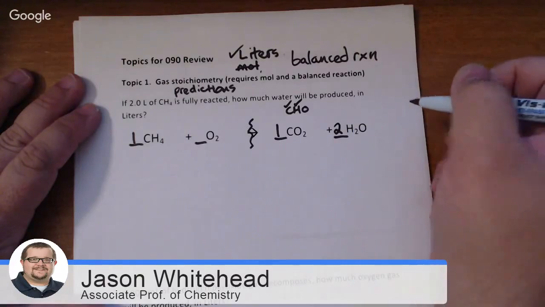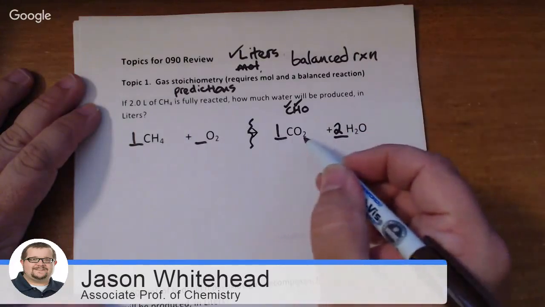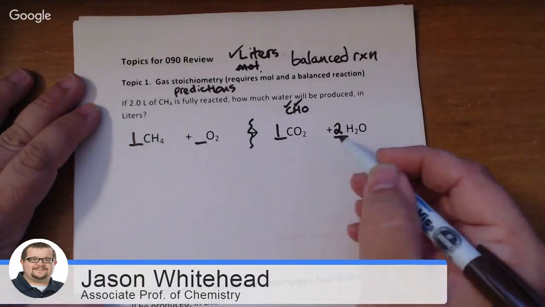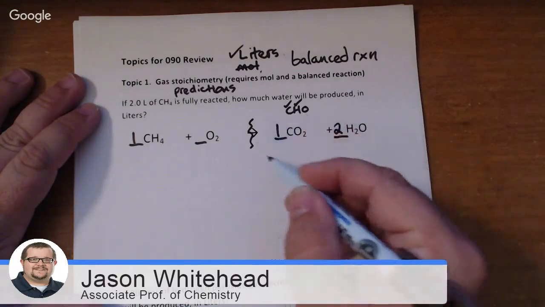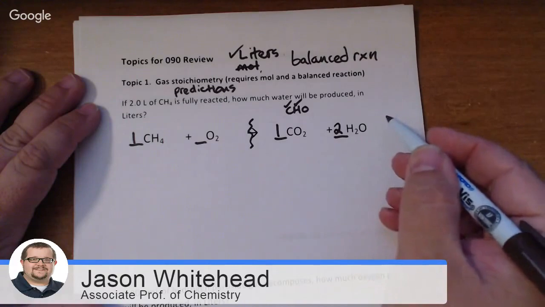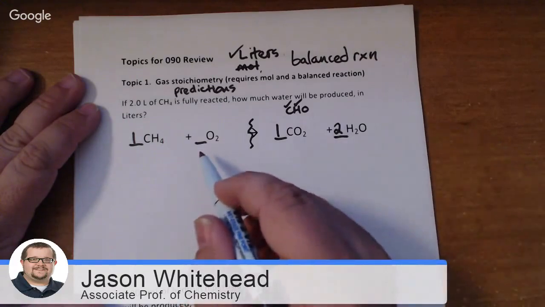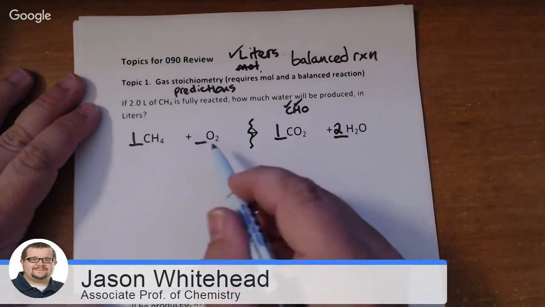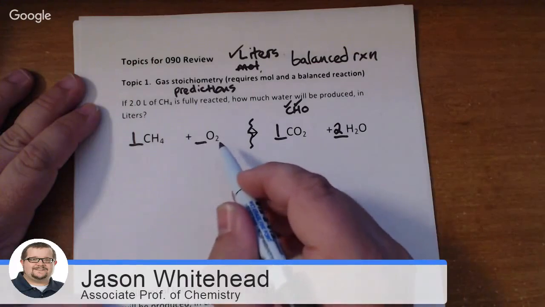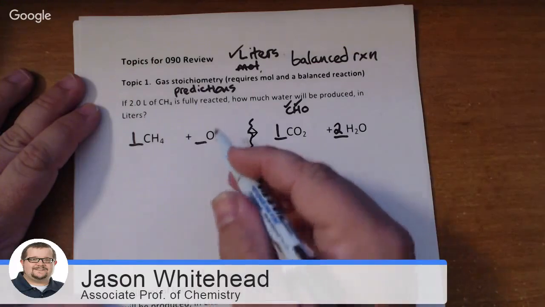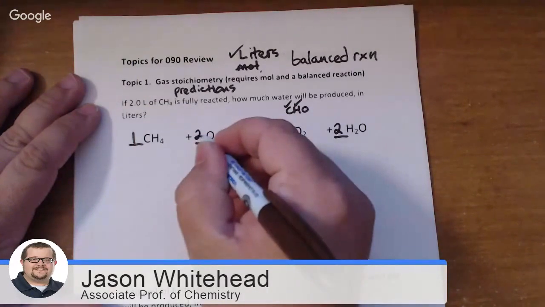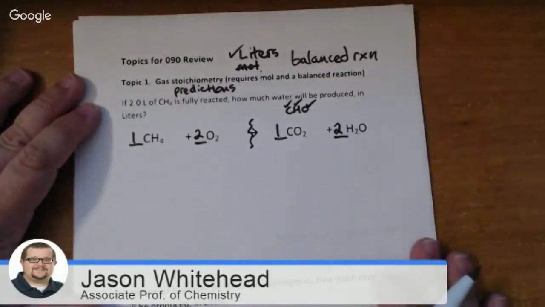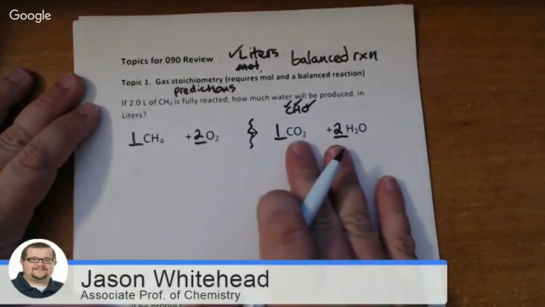Last up is the O's. 1 times 2 plus 2 times 1 gives me a total of 4 oxygens on this side. So I need 4 on this side. I need to put something in this blank that multiplies by 2 to give me that same 4 O's. If I put a 2 here, 2 times 2 gives me 4 O's. So my O's are balanced. So now I've got a balanced reaction.